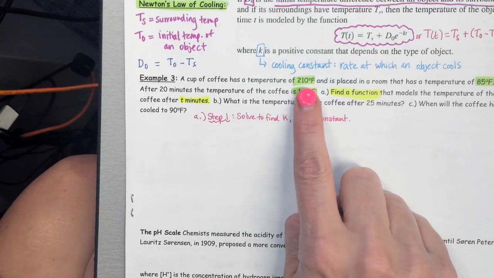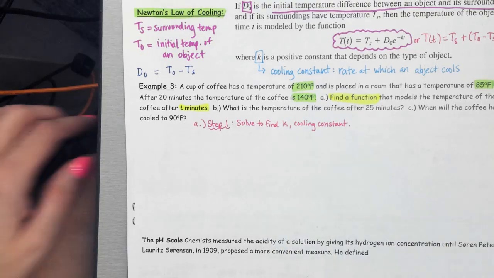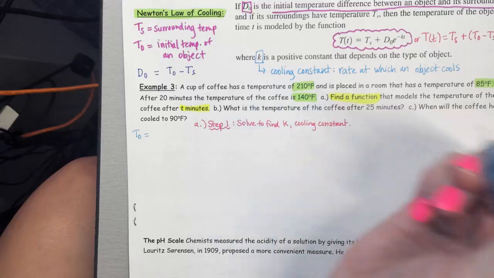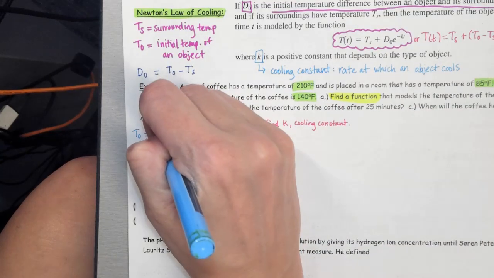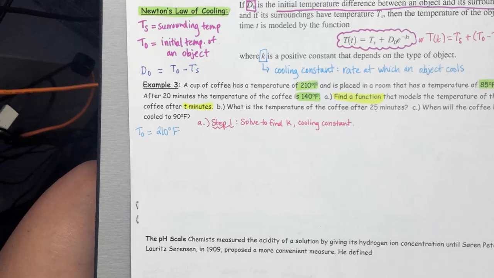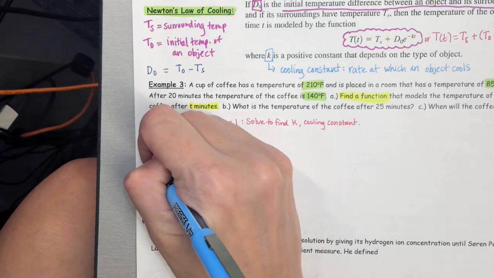If it says the coffee has this temperature, that's going to be your initial temperature. So the T sub 0 would be 210 degrees Fahrenheit. The temperature of the room is 85. That's the surrounding temperature.